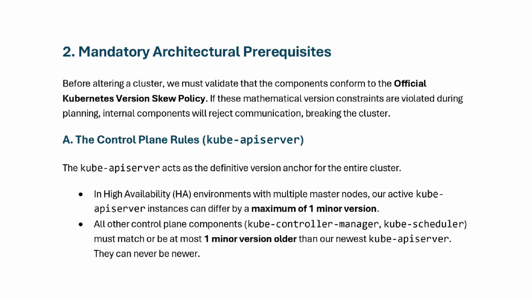And other control plane components like kube-controller-manager and kube-scheduler must match or be at most one minor version older than the newest kube-apiserver. Meaning if the newest kube-apiserver is at version 3, they must be at most one minor version older, that is version 2. It can't be less than that.